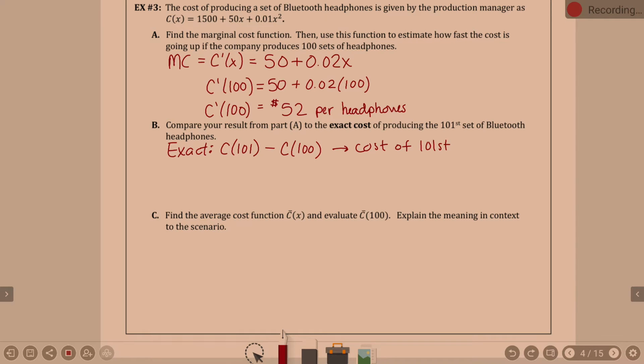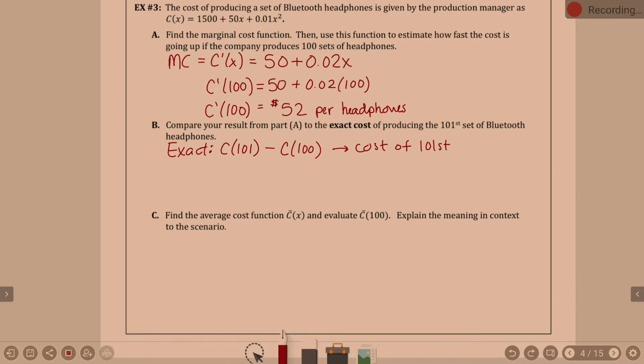Switch over. Not that I have to show this one on the calculator, but there'll be things today I may need to show on the calculator. So 1500 plus 50x plus 100th x squared.